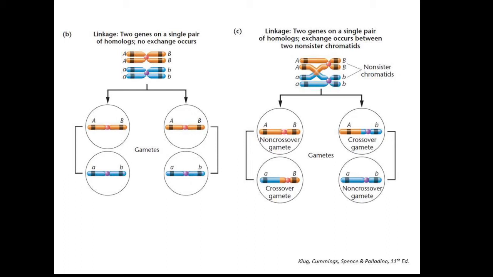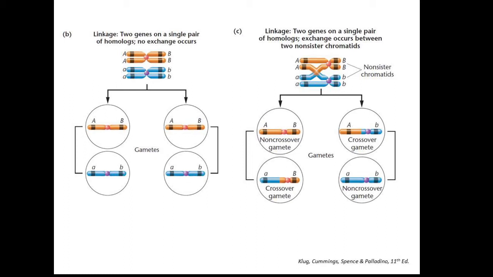The orange chromosome has two chromatids, and capital A and capital B, two different genes marked in black, are present at two different loci. Each gene has two alleles, capital A and small a, capital B and small b.